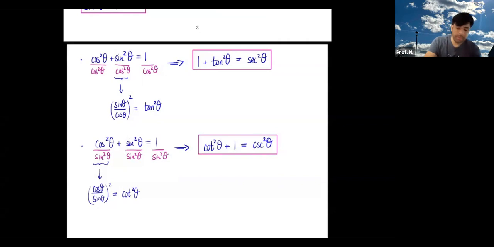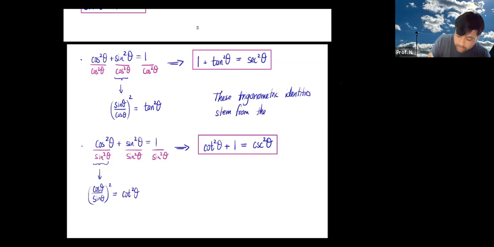So I should write that these trigonometric identities stem from the Pythagorean identity.